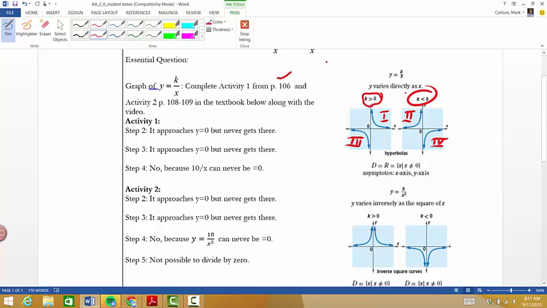So when k is less than 0, it's in the second and fourth. You should know the domain and range is x not equal to 0 for the domain, and I would just change this to y not equal to 0 for the range. And we know that the asymptotes are the x and y axis. Or you can think of that just like I had before, x not equal to 0 and y not equal to 0.